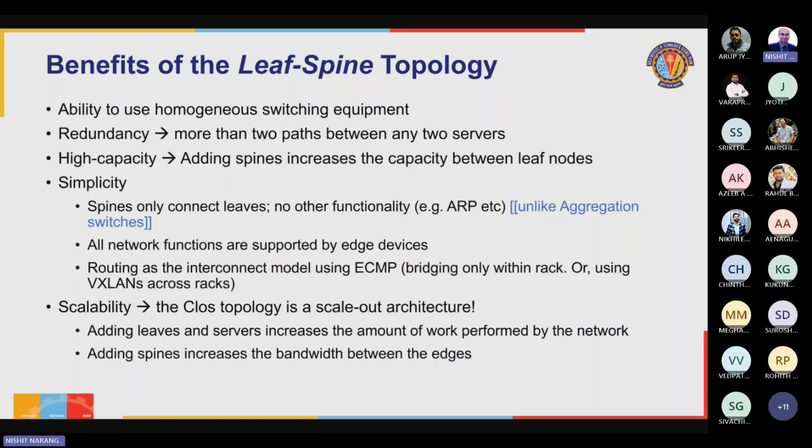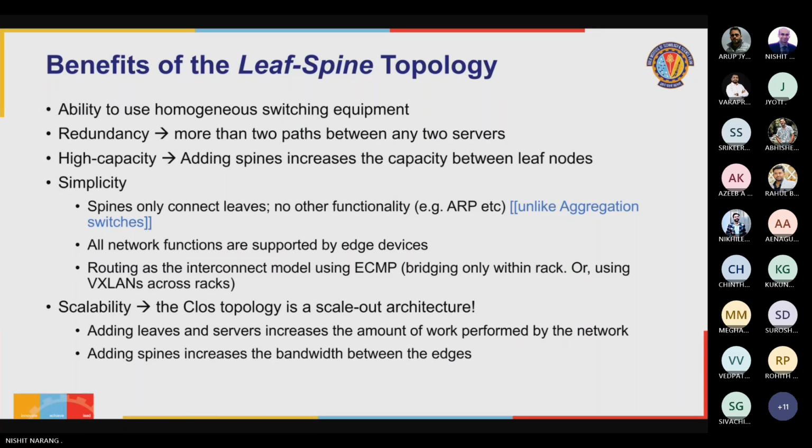We also saw that in the leaf spine topology, because the leaf is connected to multiple spines, there are actually more than two paths between any two servers in the network, and therefore there is much larger redundancy. That larger redundancy helps improve the blast radius of the data center network, because now if you have a failure in one of the links, it doesn't reduce the capacity as much as it did in an access aggregation core topology.